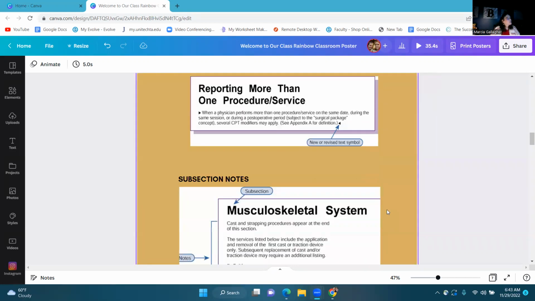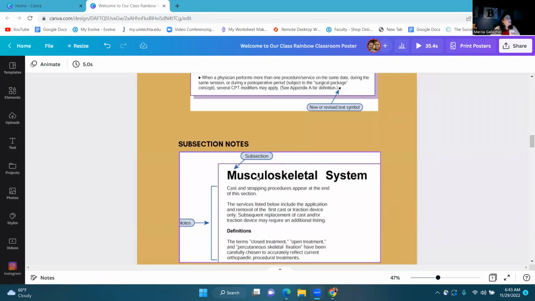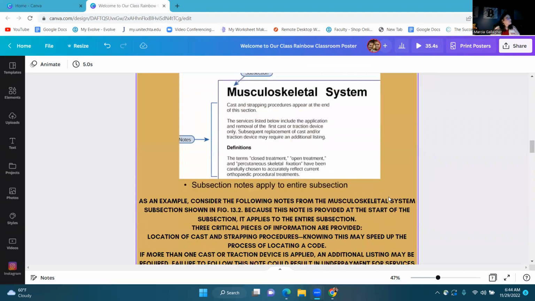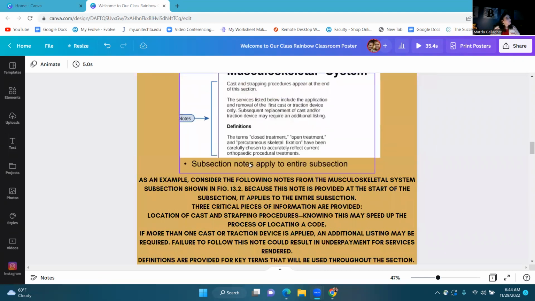Okay, subsection notes. So for example, if you look at the musculoskeletal system, you see that this is your subsection. Subsection notes apply to the entire section.